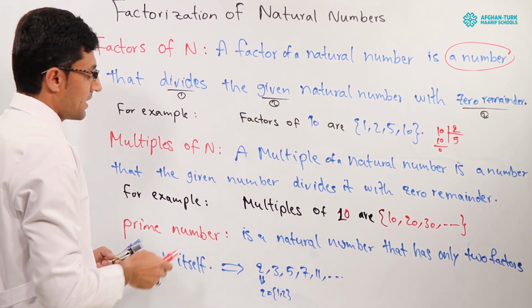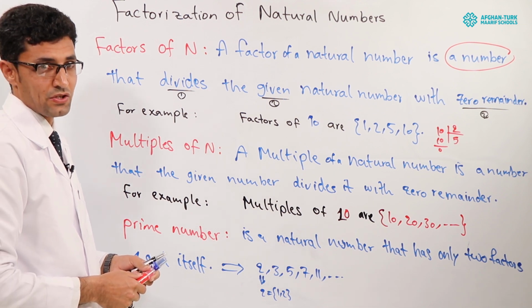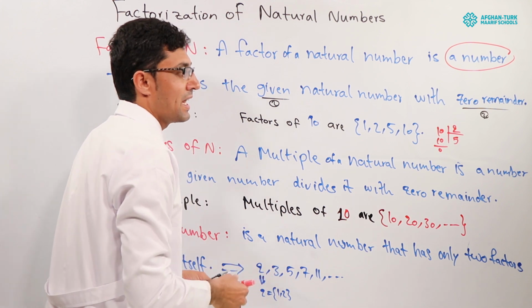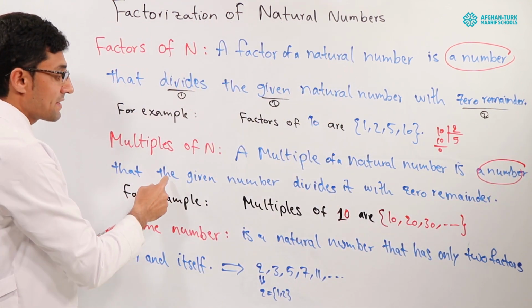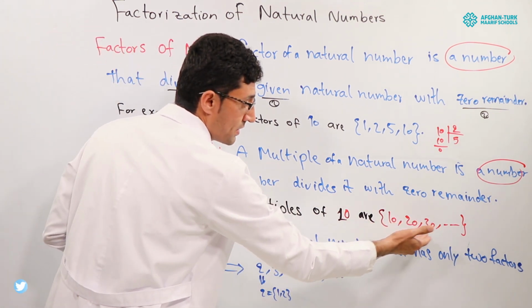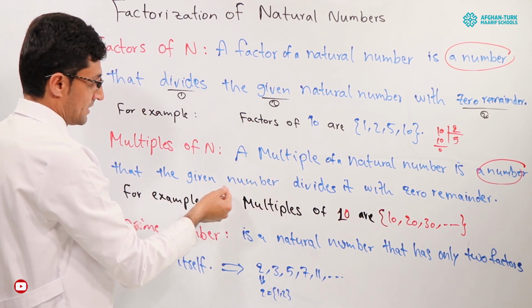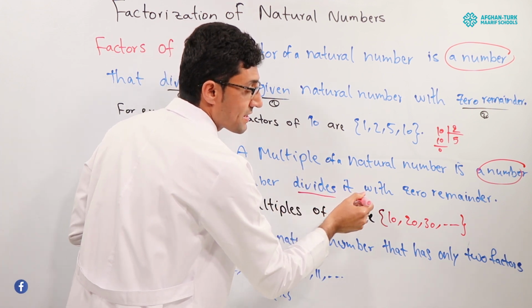Now we are going to study multiples of a natural number. A multiple of a natural number is again a number that the given number divides, with 0 remainder.